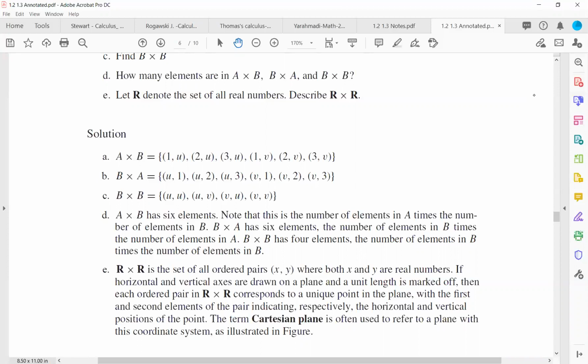How many elements do we have? 1, 2, 3, 4, 5, 6 points, or 6 elements in the set. Now, what if we just find the cross product between B and B? First element is coming from B, second element is also coming from B. So here you have (u, u), (u, v), (v, u), (v, v).